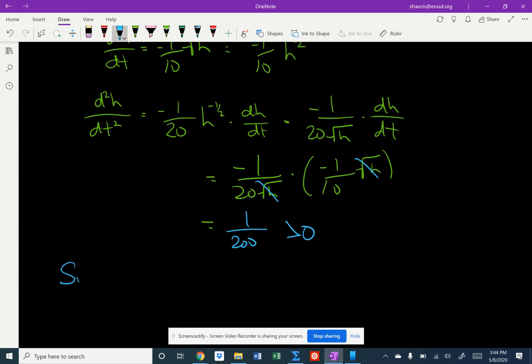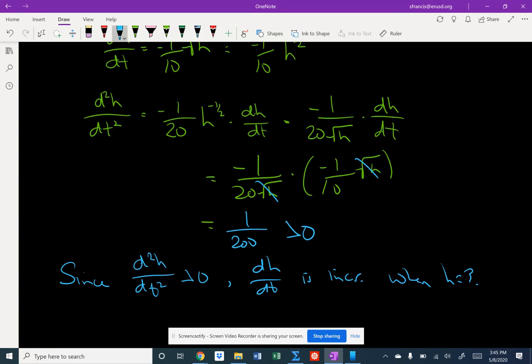So since the second derivative is greater than 0, dh over dt is increasing when h equals 3. Actually, it doesn't even matter that h is equal to 3. We didn't need that as a factor. It's going to be increasing according to this, always.